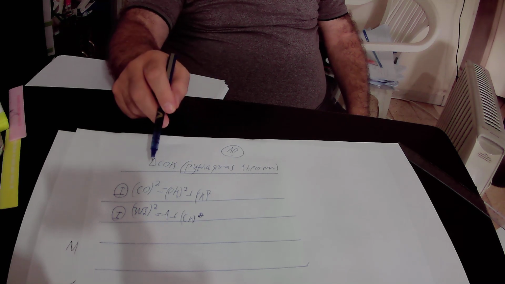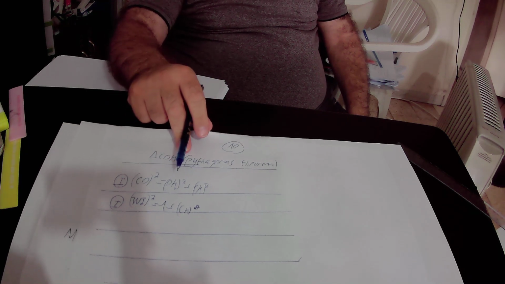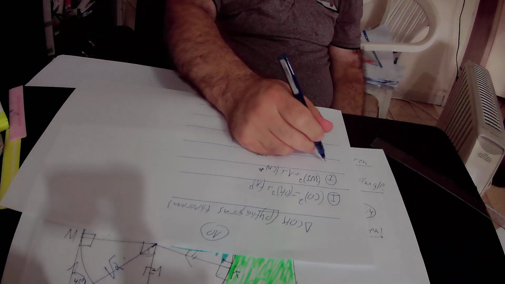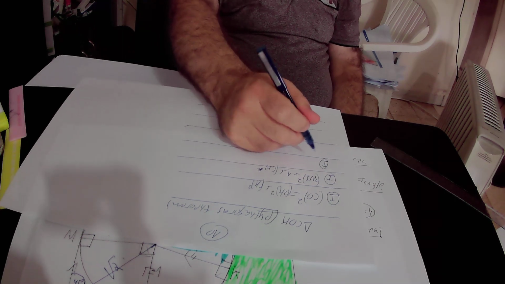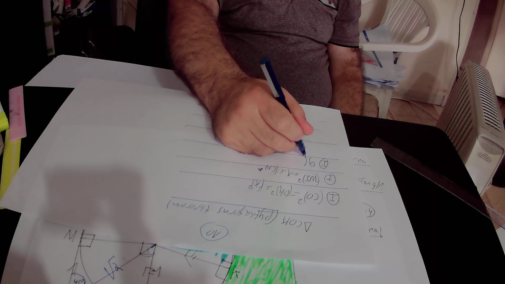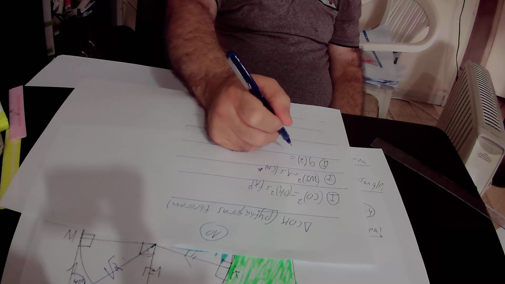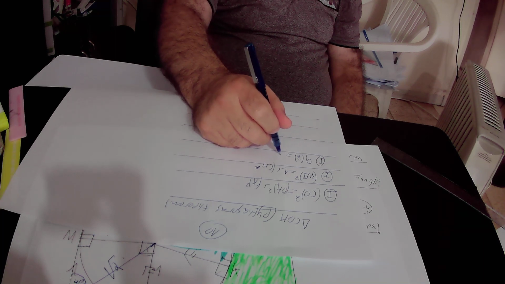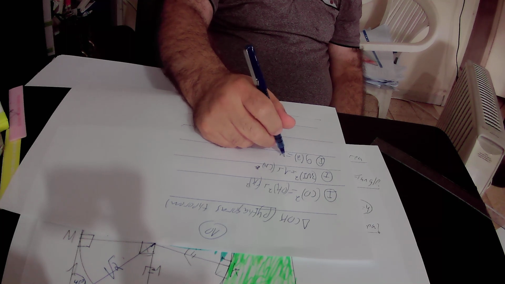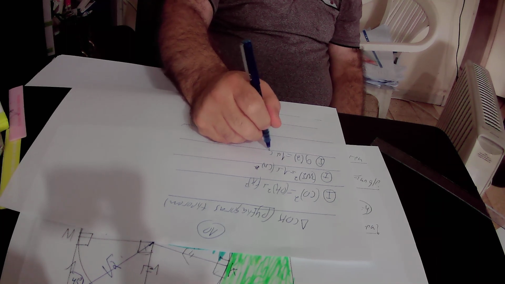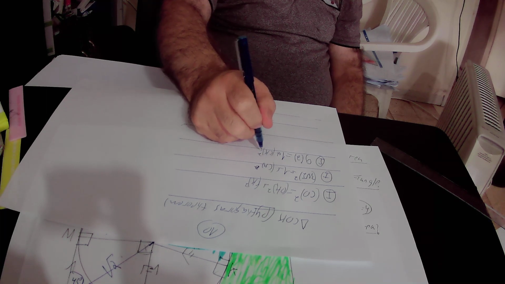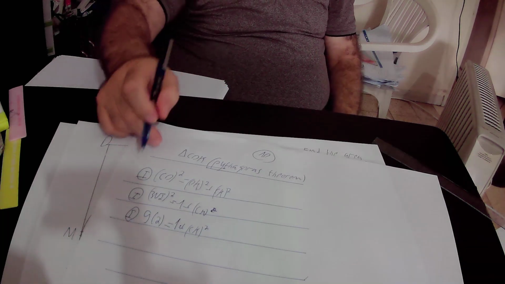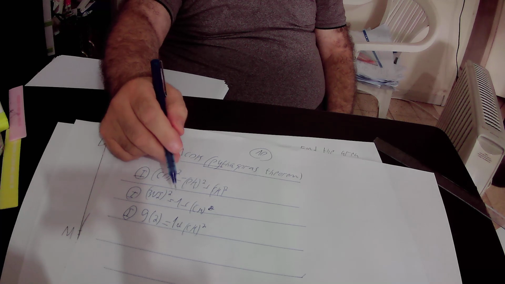So here 3 times square root of 2 squared is 9 times 2, so I will write it down. In conclusion, we found out that 9 times 2 equals 1 plus CK squared. 9 times 2 is 18.